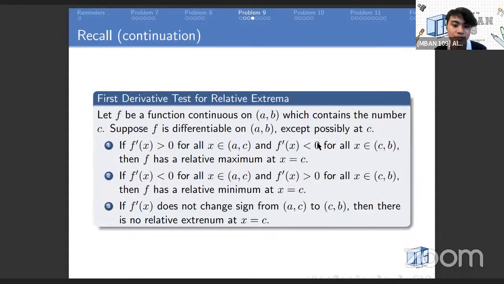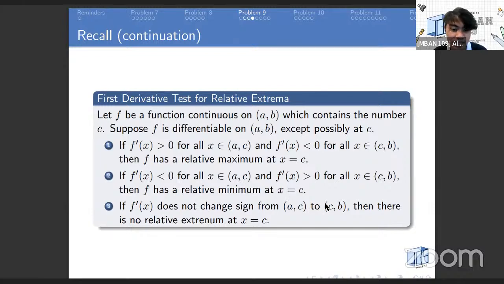So, meaning lang nito, if f prime of x ay positive dun sa first interval natin, tapos nag-negative naman siya sa ating second interval, then meron tayong relative maximum. Kapag naman yung f prime of x natin is nag-negative sa first interval, pero nag-positive siya sa second interval, meron tayong relative minimum sa x equals c.